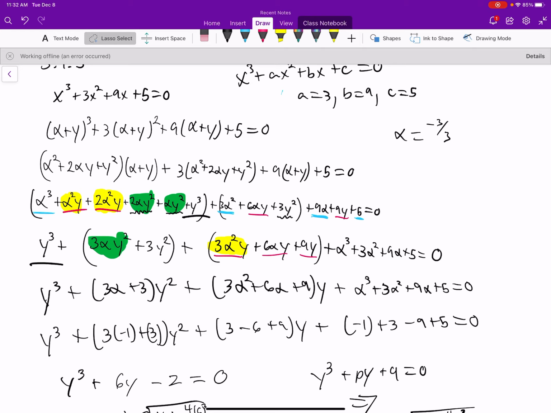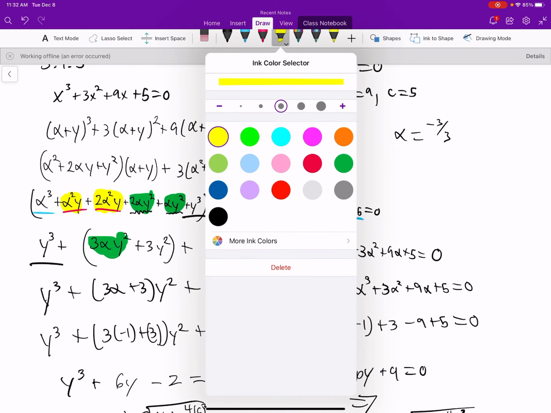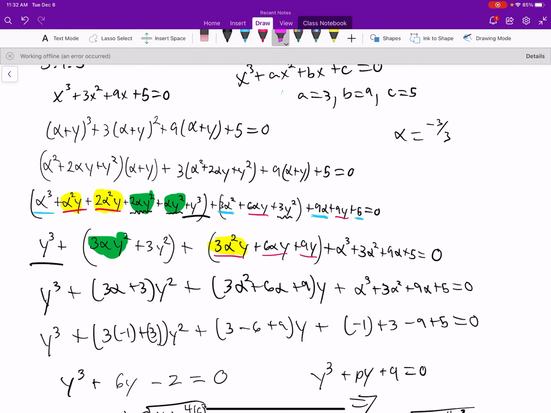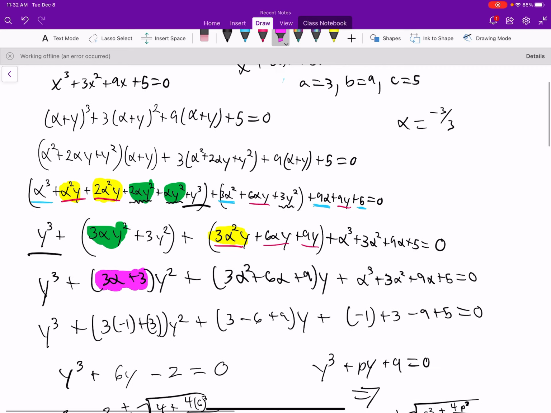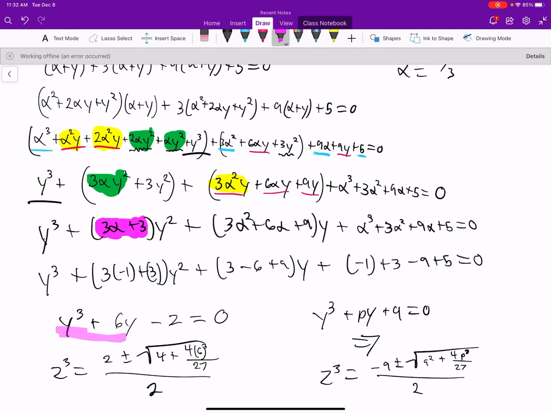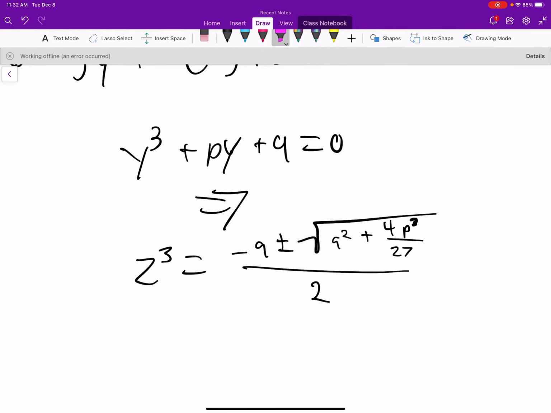We choose an alpha value, I'm looking right here, that will cancel out my y term. So that'll be -1. Then we simplify further into this here, so we get y cubed plus 6y minus 2.